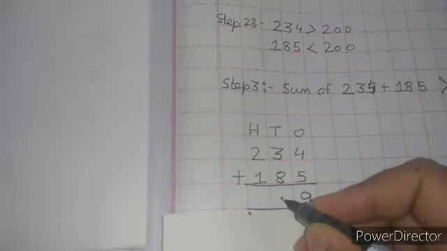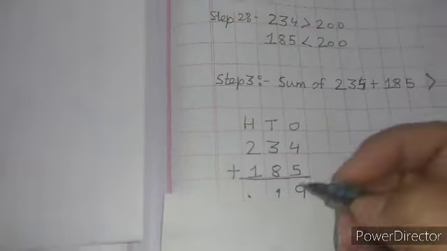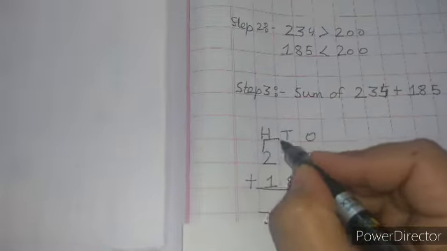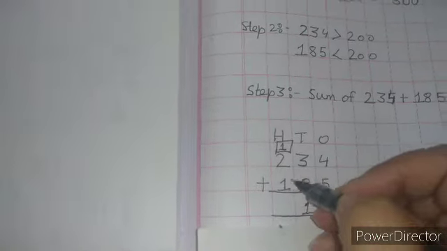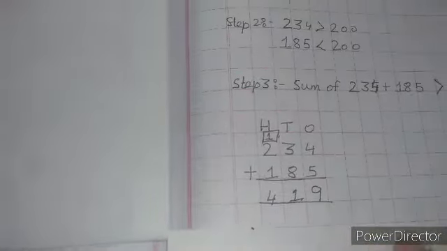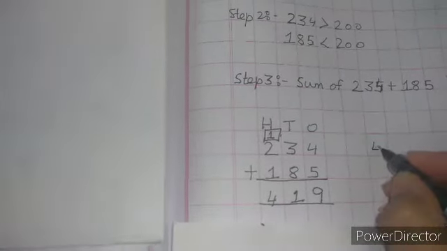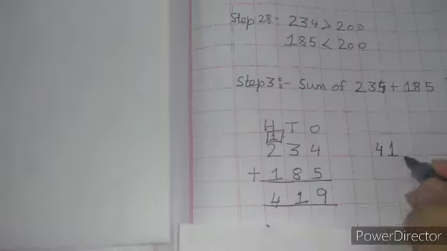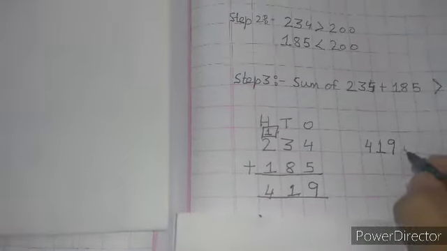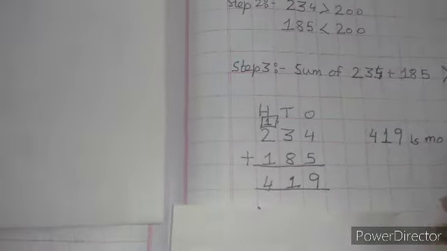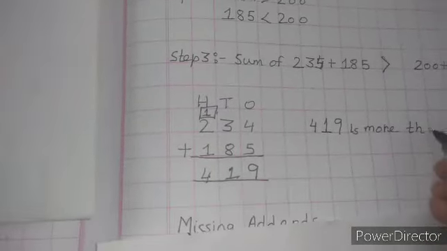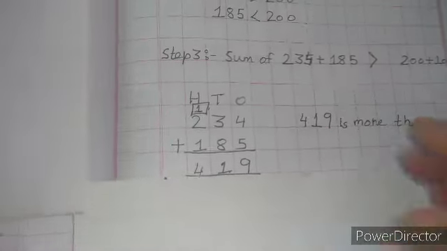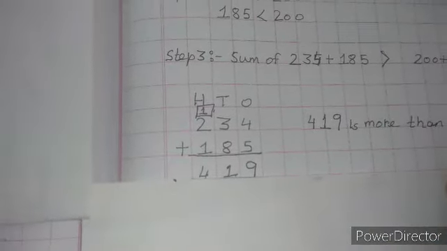So it comes 11. 1 we will put here and 1 we will put as carry. So 2 plus 1 is 3, 3 plus 1 is 4. So this becomes 419. Now 419 is more than 400. Okay.